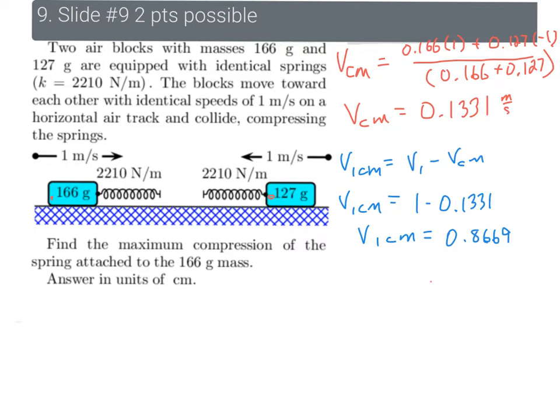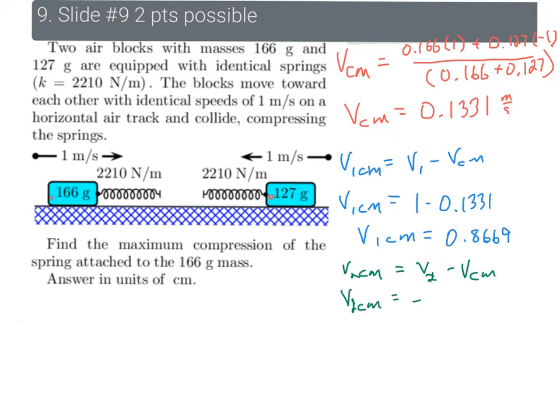We'll do the same thing for the second velocity. So our second velocity over here, v2 cm, is equal to v2 minus vcm. Now v2 is negative, so v2 cm is going to be negative as well.